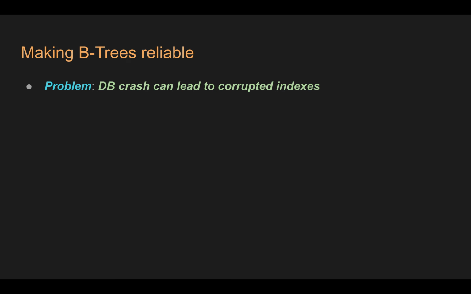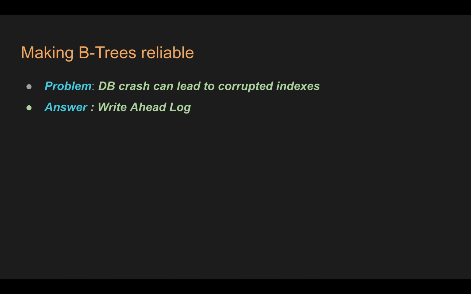Now if the DB crashes while these updates are in progress, it will often lead to corrupted indexes. And this is in stark contrast to log structured indexes such as LSM trees, because in those cases they only append to files but never modify those files in place.